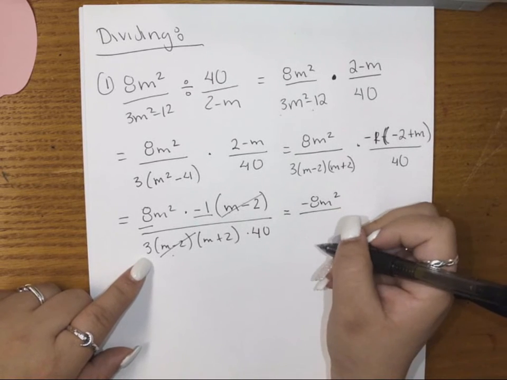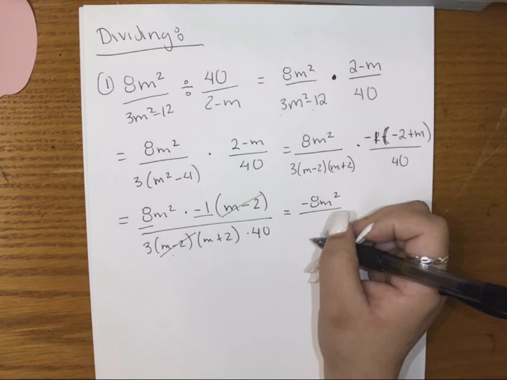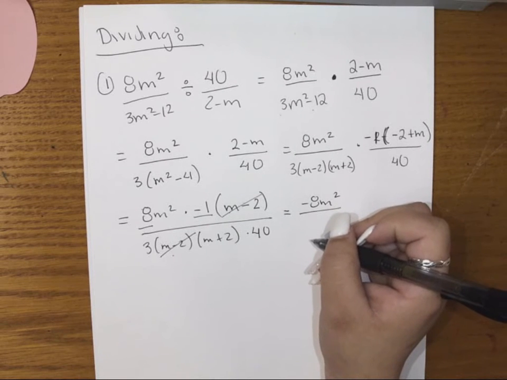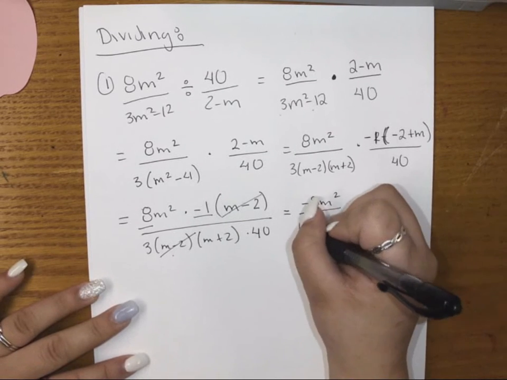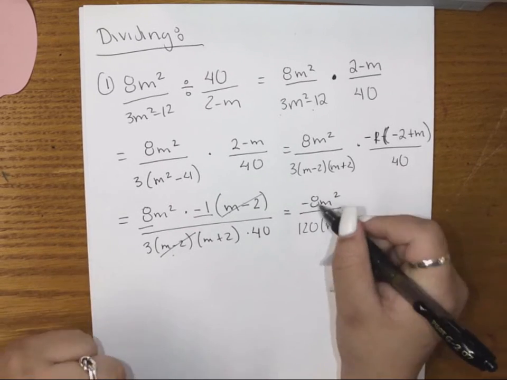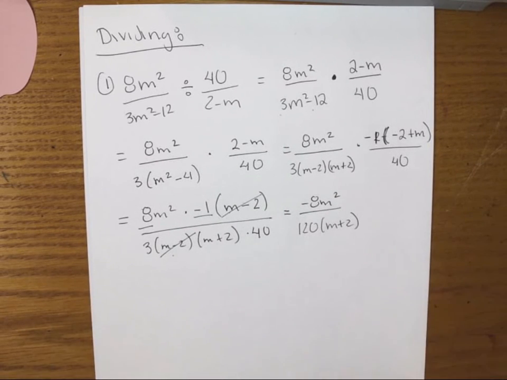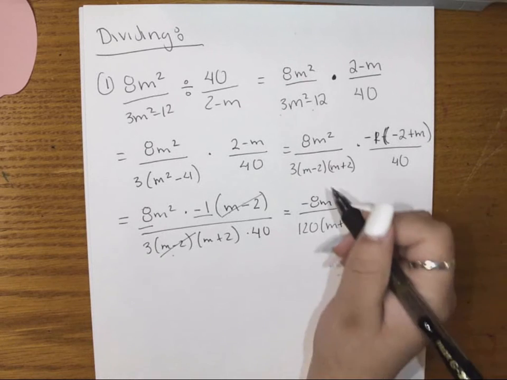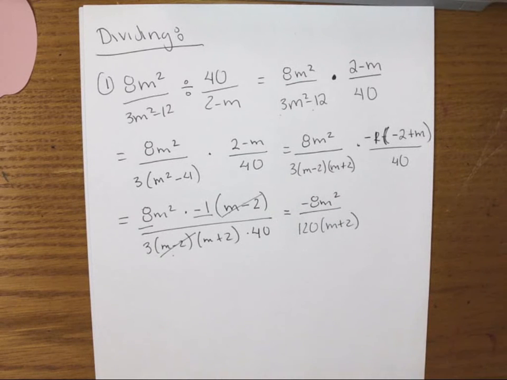You can multiply your 3 times 40, or you can leave it like that. But if you multiply 3 times 40, we end up with 120 times m plus 2. And I have 8 and 120, so you always have to leave it in the simplest form. I'm trying to see if this one simplifies anymore. You have to find a common divisor among both of them.